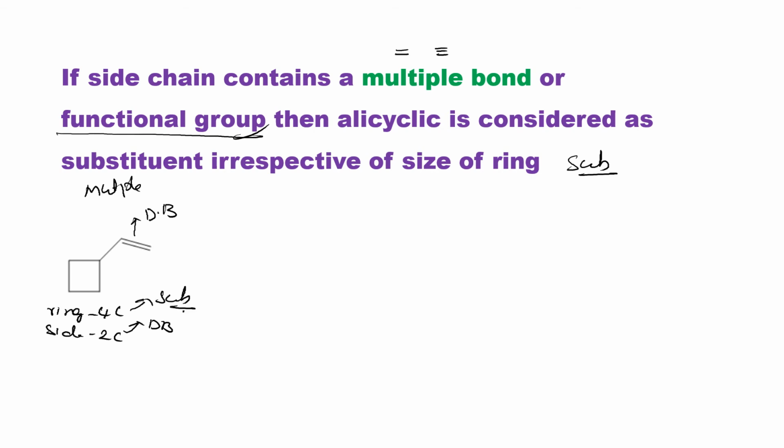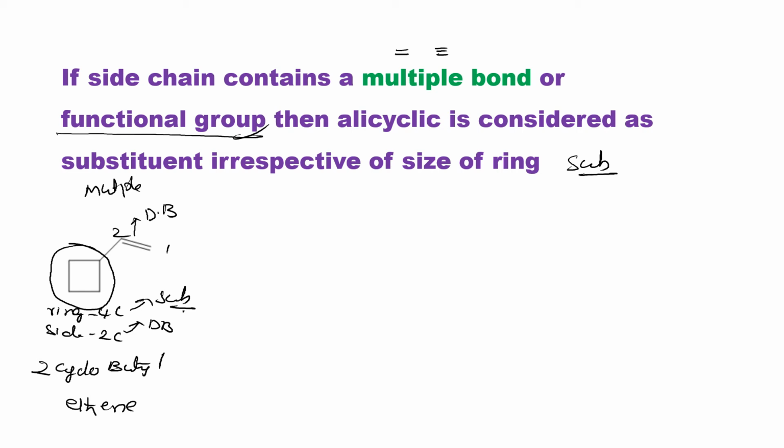So here 1, 2. At the second position, the cyclobutyl ring was attached. Hence, it should be named as 2-cyclobutyl ethene. That's the name of this compound.